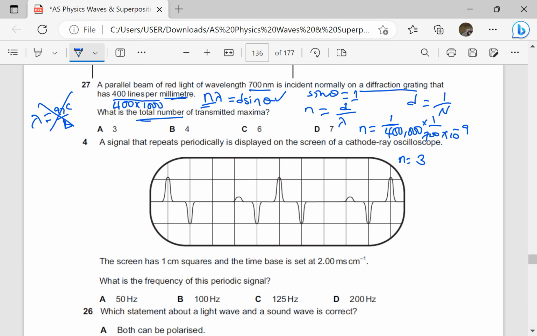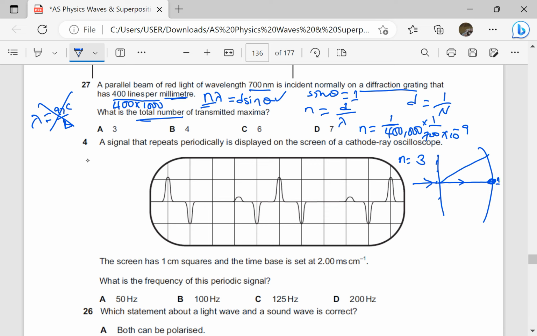But remember, we want the total number of transmitted maxima. I can demonstrate this as I did previously. Let's say this is the diffraction grating, this is the screen, and this is the beam of light. There will be a central bright fringe, which we call the zero order, that is 1.